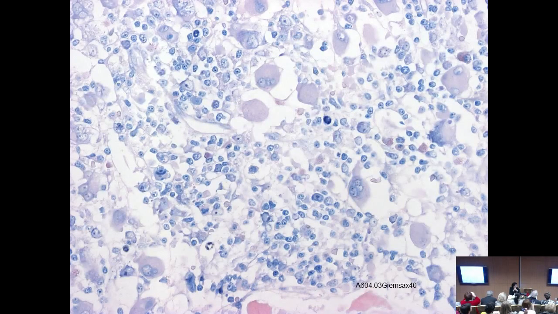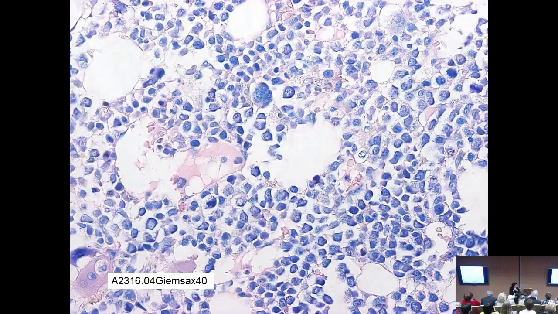Here again are numerous blasts, open chromatin, and folded nuclei, and these are already more than 10% blasts in this MDS, which can also be recognized from the atypical megakaryocytes.